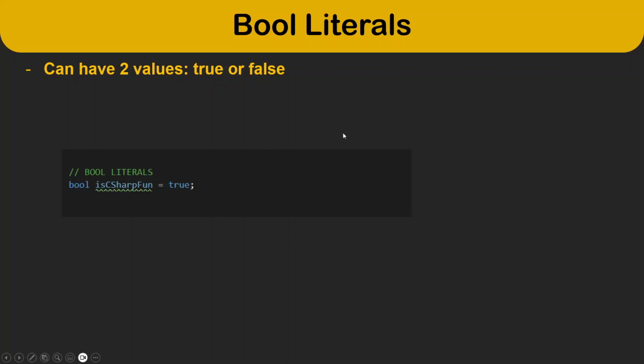For Boolean literals, there are only two values, which are true or false. We use those literals for some Boolean or logical operations.